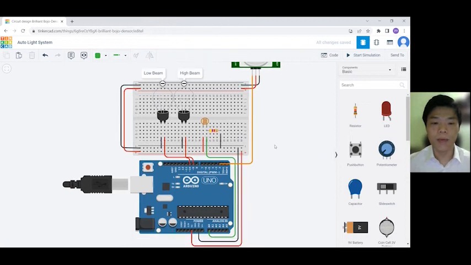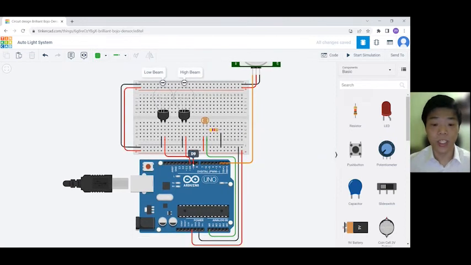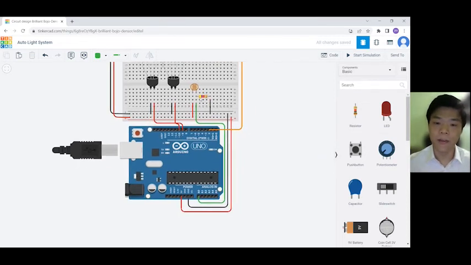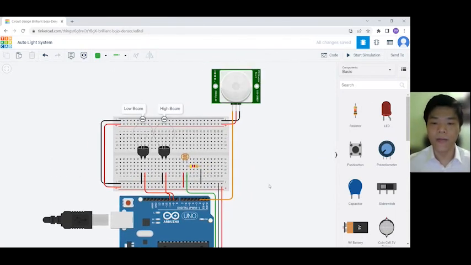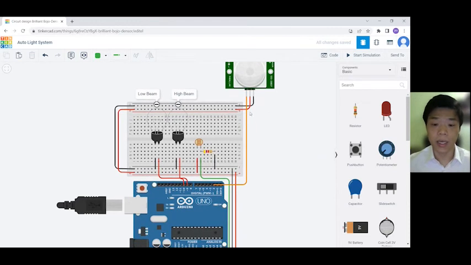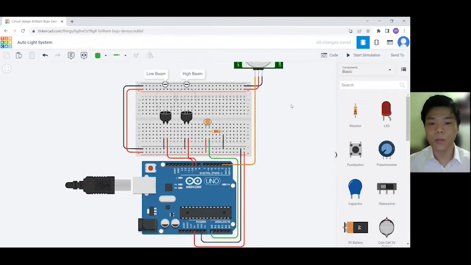The low beam bulb is connected to digital output 9, and the high beam bulb is connected to digital output 10. The photoresistor is connected to analog input A0, and the PIR sensor is connected to digital input 2.